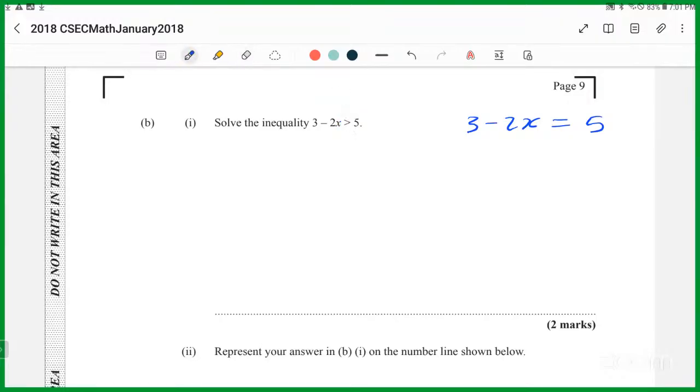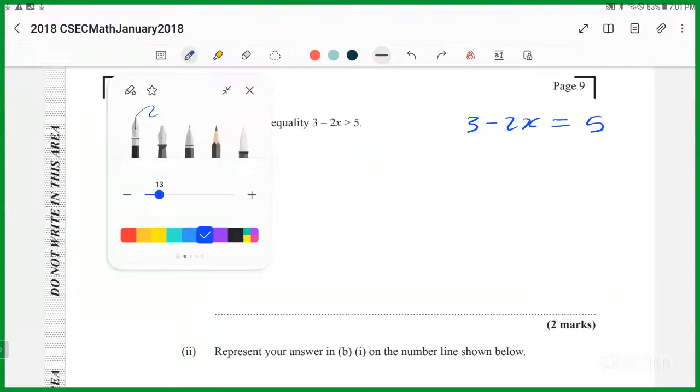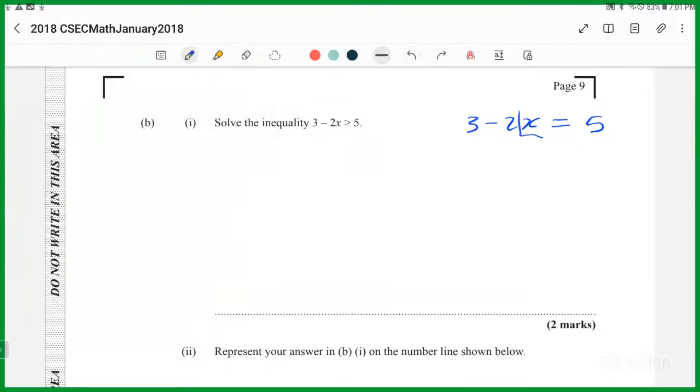Sometimes I like to work both of them side by side to show you. You don't have to do this, I'm just showing that it will be the same steps essentially to solve this one as this one. But remember that for this one, if you have to multiply or divide with a negative number, the inequality sign must be reversed.